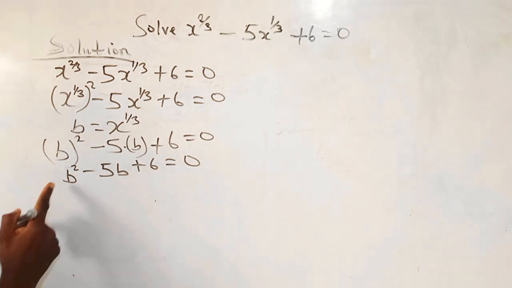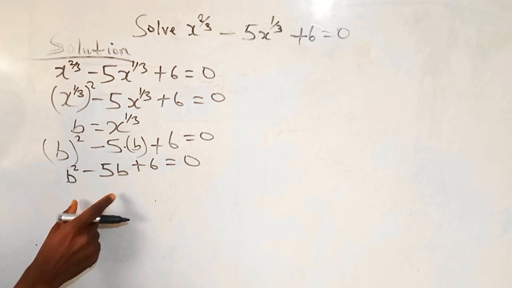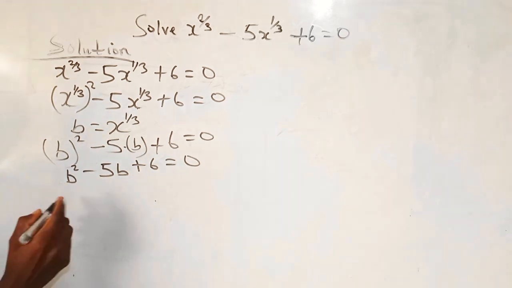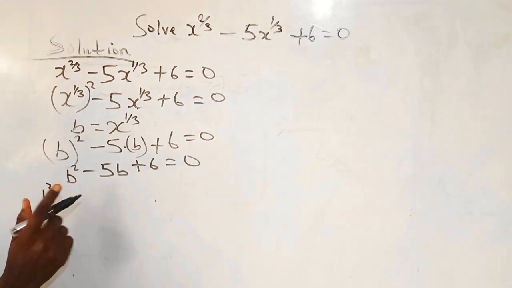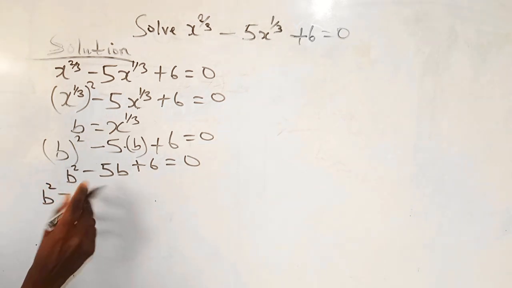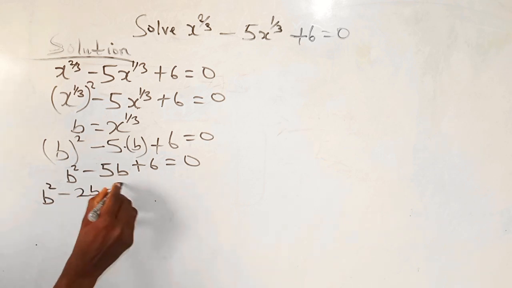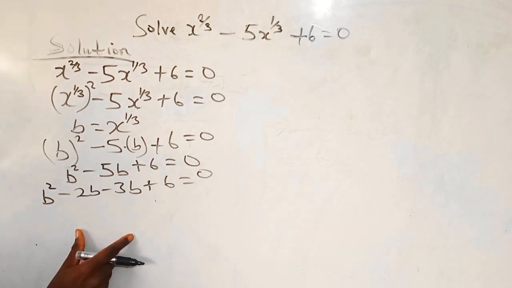This has led us to a quadratic equation. So what we do from here is factorize, and when we factorize this, we have b squared minus 2b minus 3b plus 6 equals 0.